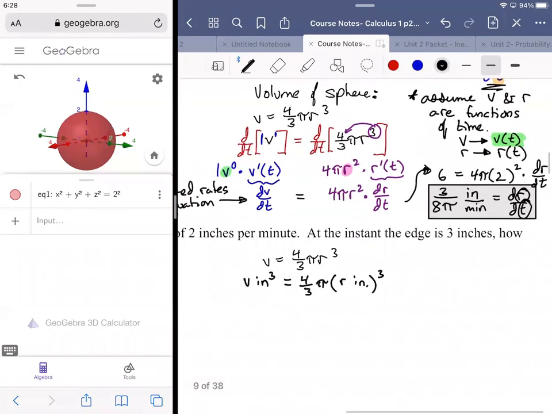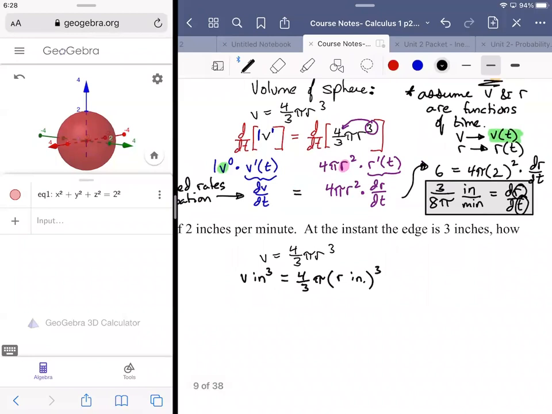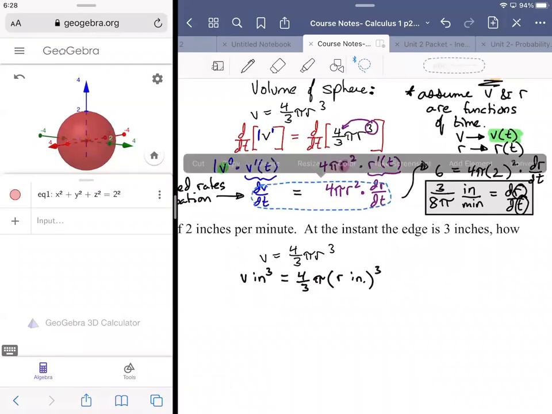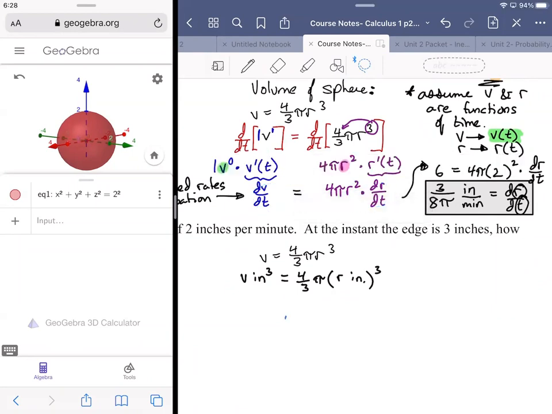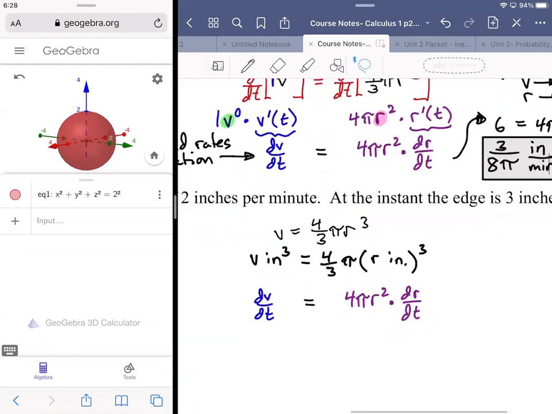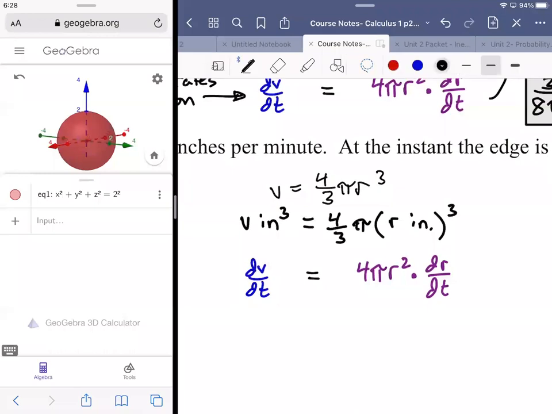When we went through the derivative process, we came up with this. But really, what we came up with was a little bit more than that, because that V here is V inches cubed.